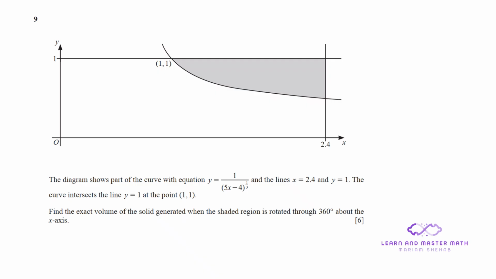Well, as we know, the volume formula: the volume is equal to pi times the integral from a to b, the boundaries on the x-axis, of y squared dx. Y here is a function of x. So if I integrate using this formula for the curve y given here, I will get the volume for this shape.